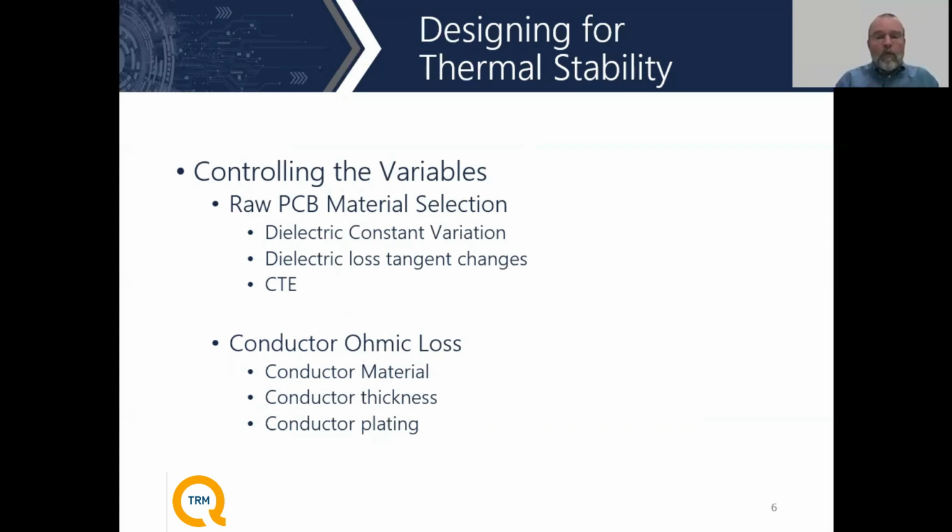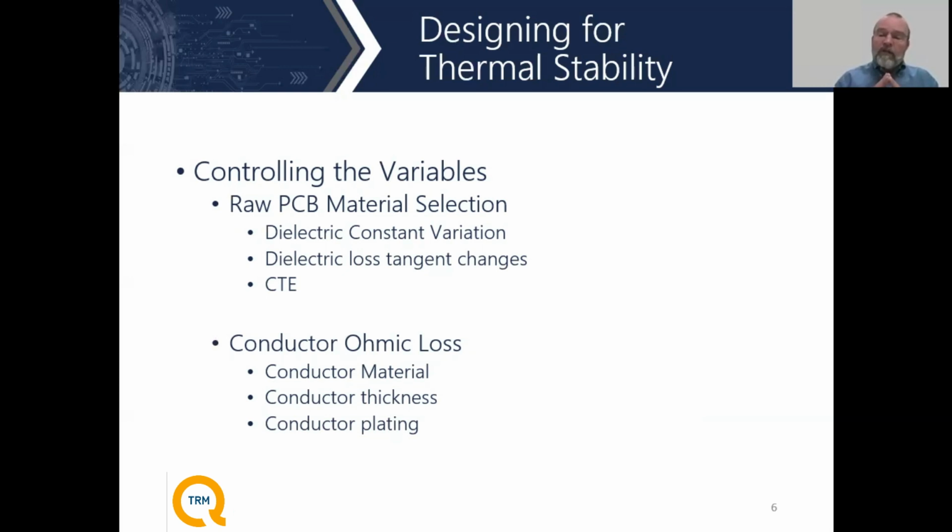So this is really where we're at now. It's all about controlling the variables. With the raw PCB material selection, it is critical to make sure that we have the dielectric constant variation under control, the dielectric loss tangents, and then the thermal coefficient of expansion, the CTE. The mechanical stack up, especially in a strip line coupled line structure, the amount of residual airspace in a mechanical buildup of PCBs, makes a big difference in the even odd mode balancing.